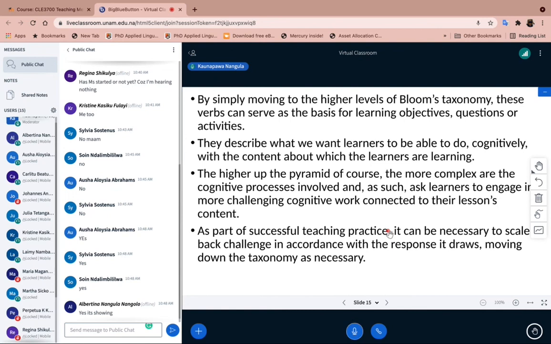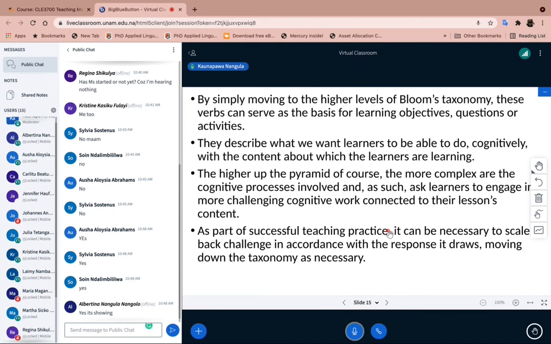That's why when we are writing our objectives, they go like, at the end of the lesson, learners should be able to, or will be able to, all right? And with the different cognitive levels, we know what kind of cognitive process they need to apply within this objective.